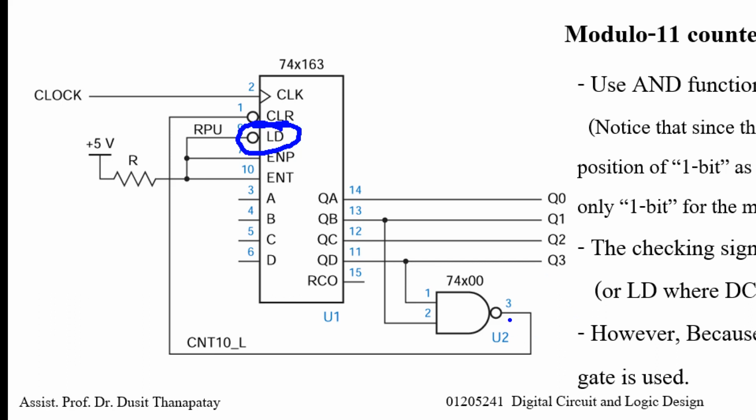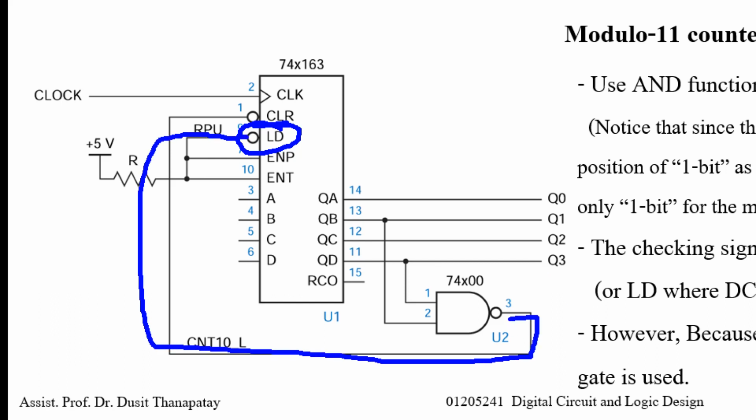That means you just connect this one to load. But if you load, you must apply 0 0 0 0 at here, to load the values of D, C, B, A, to update the values of QD, QC, QB, QA for the next state.